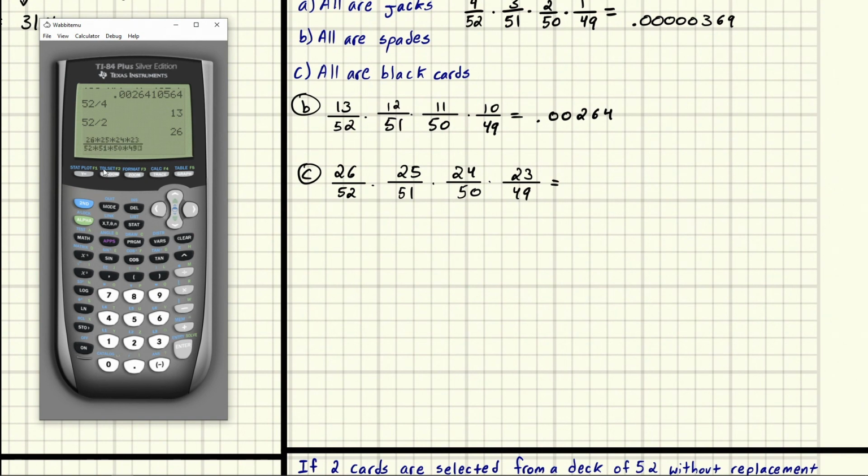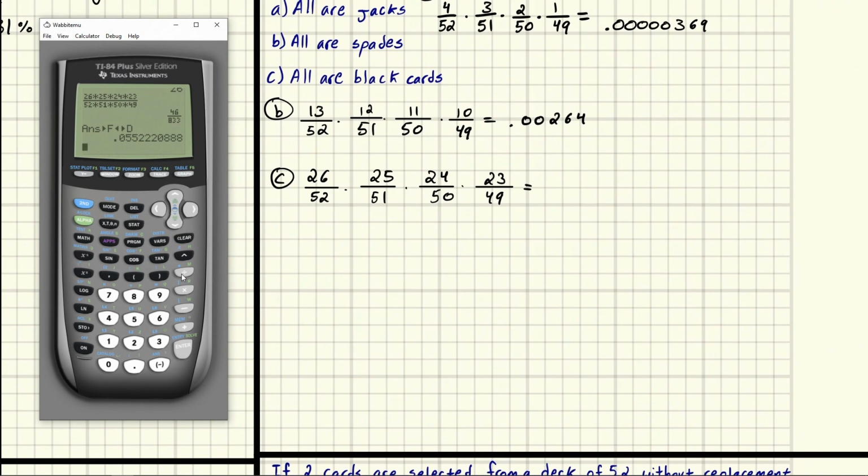Or you could have 52 permutate 4, because we're only moving 4 spots. Hit enter, and we're going to convert that to a decimal. And we get 0.055. So this is C.